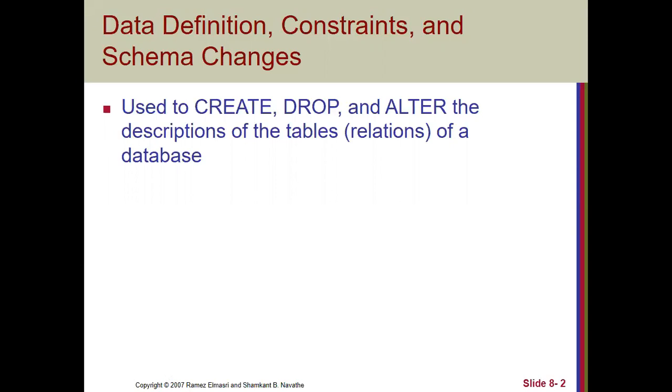This will be our subject. After this chapter, we will have a complete understanding of how to start with creating database requirements, ER diagram, enhanced ER diagram, then mapping, then SQL.